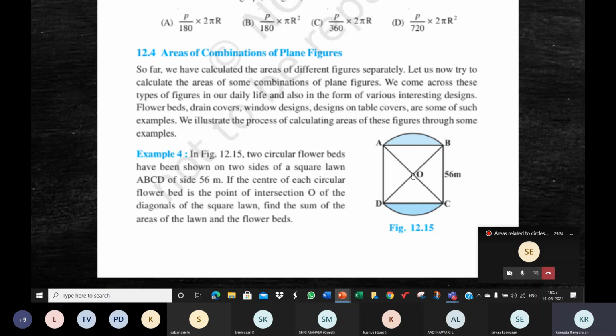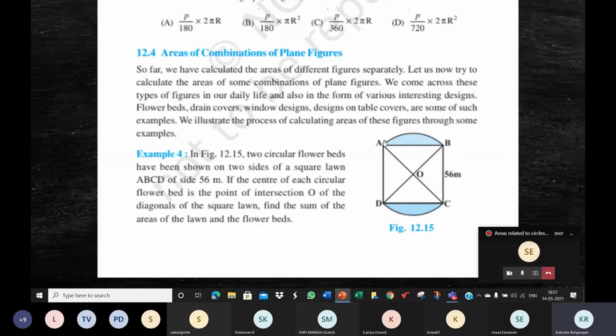That means with this as center, the radius is not known. We only know the center. We have to find the radius. With this as center and that specific radius, when you draw a circle, this one will be a part of that circle. With this one as center, and the numerical value of radius not known, when we draw a circle, this region will be a part of that circle.